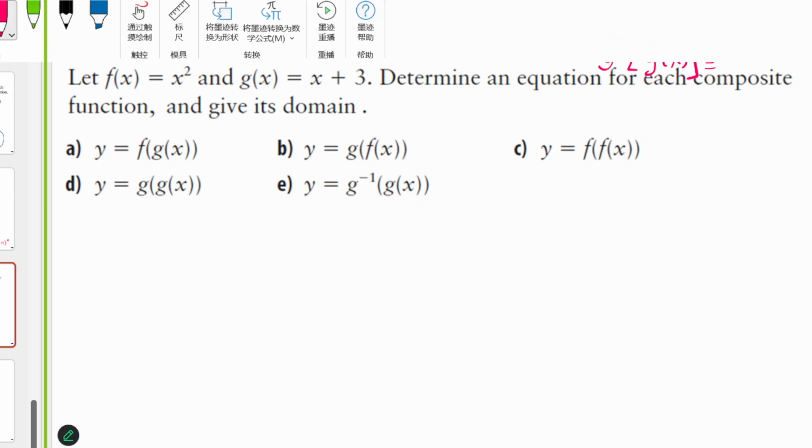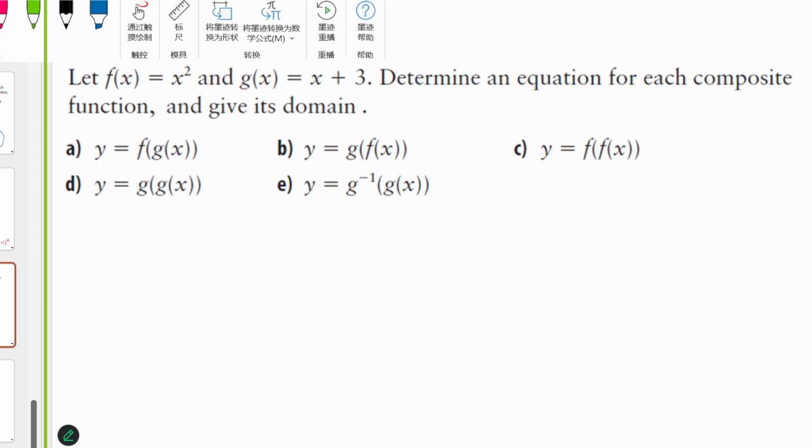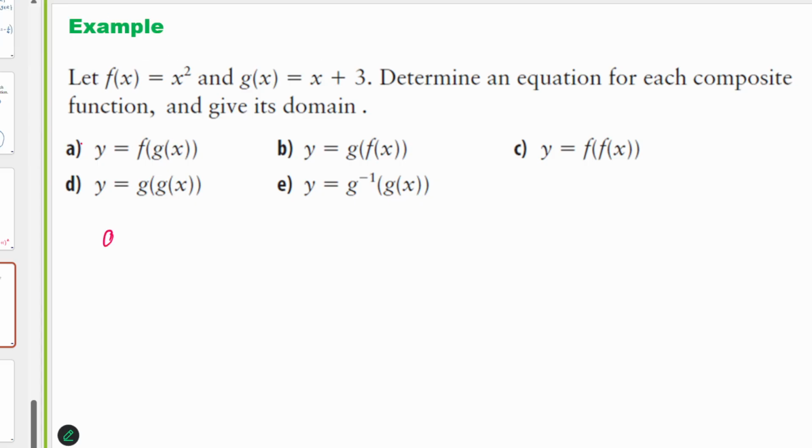Okay, let me restate this. Let's write it here. g(x) is x plus 3. This means we map an input x to an output x plus 3, right? x is simply a symbol. We could also say g(m) equals the input m plus 3. Can you see that? Doesn't matter what symbol you use here.